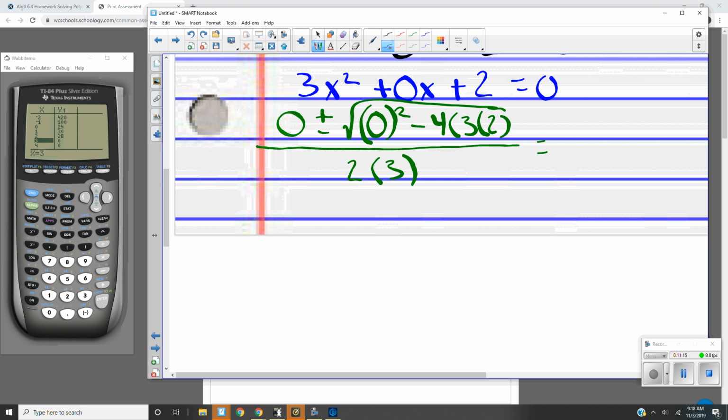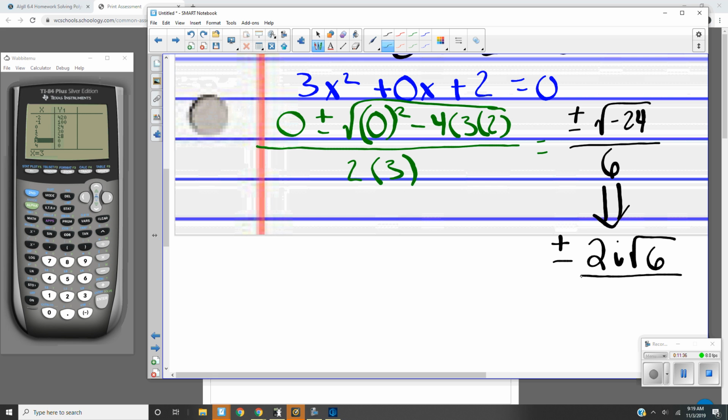And I believe that's negative 24 plus or minus the square root of negative 24 over 6. We're going to simplify square root of negative 24 using a factor tree. Go through this part pretty quickly since it's old material.